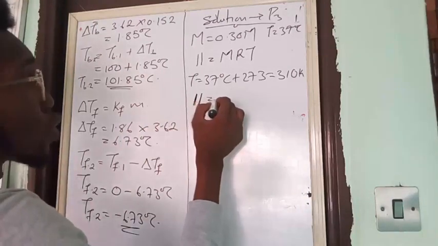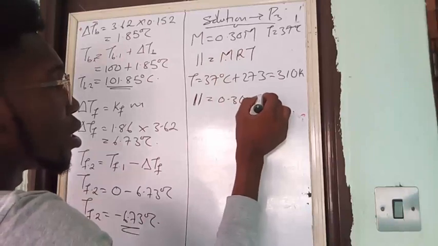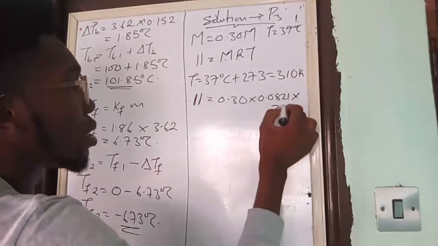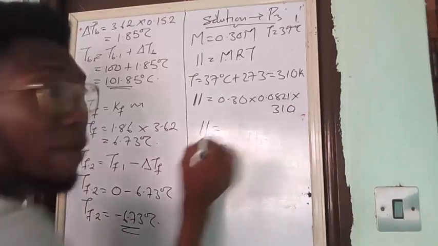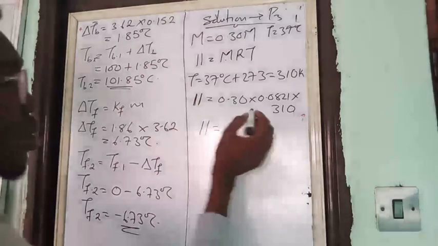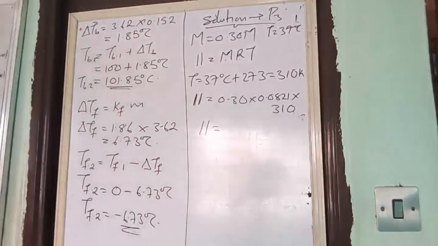So osmotic pressure will be equal to 0.30 times R, which is 0.0821, times your temperature, which is 310. So automatically our osmotic pressure will have a value of... I don't know, where's the calculator around here?